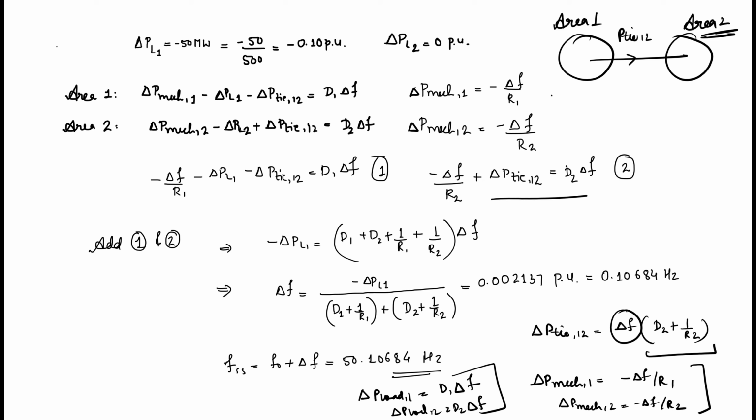The next question was, what is delta P tie? We can calculate it from here. Delta P tie is equal to delta F into D2 plus 1 by R2. Delta F is known, and these two values are also known, so you can calculate. Similarly, delta P max 1 is equal to minus delta F by R1, and delta P max 2 is equal to minus delta F by R2.